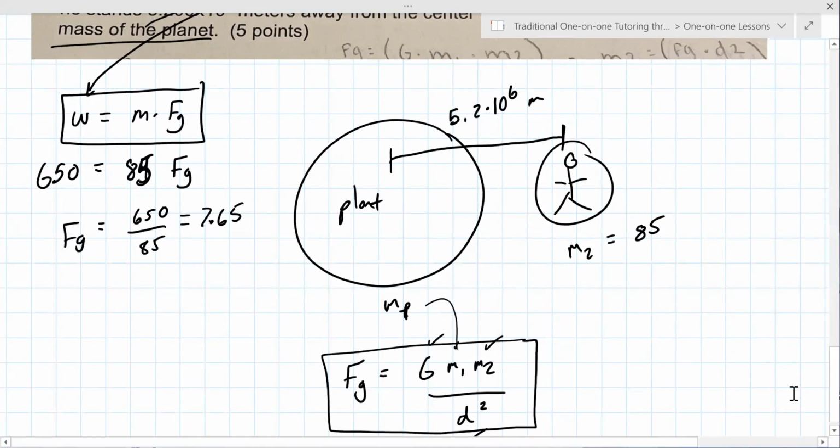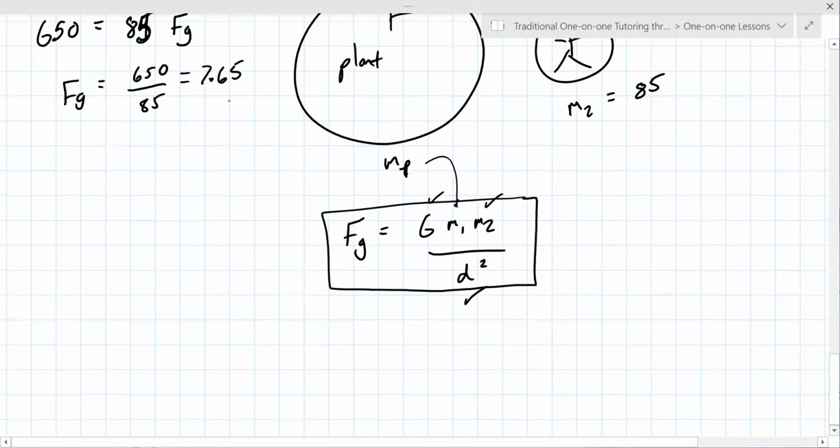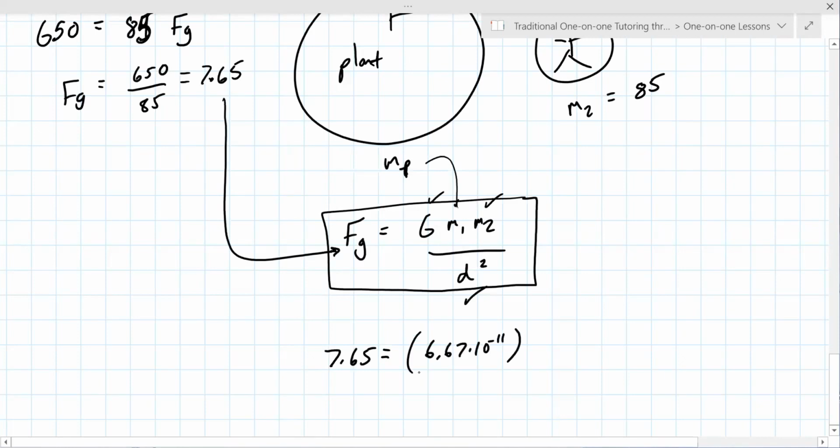Okay, so now that's the value that goes back into this equation. So that 7.65 is the force of gravity. G is the 6.67 times 10 to the minus 11. The mass of the planet we don't know. We know the mass of the person is 85.